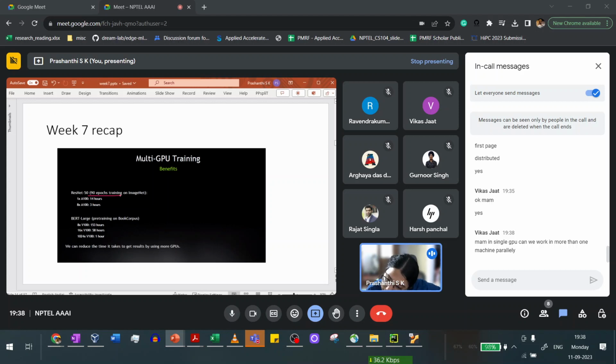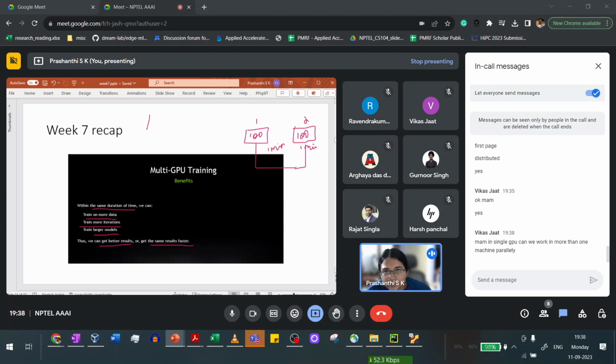Can a single GPU work in more than one machine parallelly? I don't understand. So you can have a scenario where you have one machine or one system that has multiple GPUs. This is a single machine with multiple GPUs, where yes, you can do things parallelly. And similarly, you can have two different machines which each have one GPU, and here also you can do things parallelly.